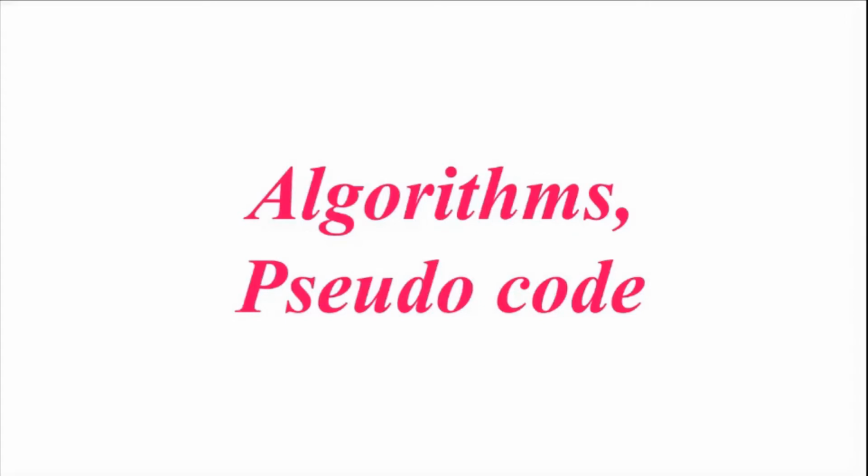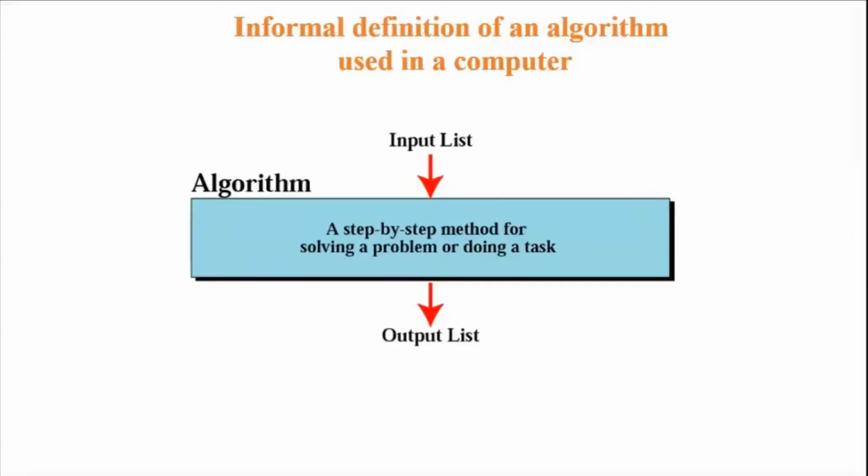As an informal definition, an algorithm is a step-by-step method for solving a problem or for doing a task. That is, we have some input parameters or an input list. Then some process is to be done on the input list. The input list may be some data that is to be processed.